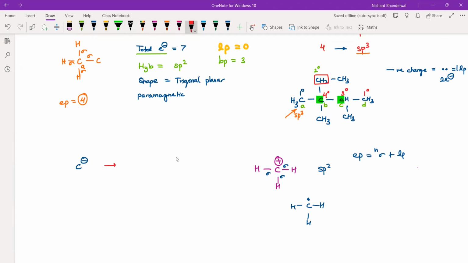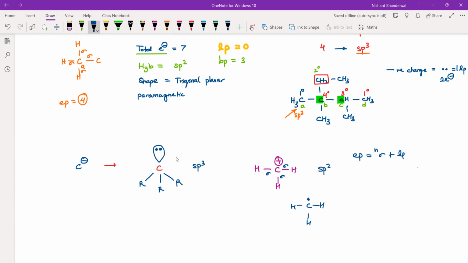For carbanion, carbon is there, and we have R, R, and R, and a lone pair. Can you tell me the hybridization for this? sp3. Very good, excellent.